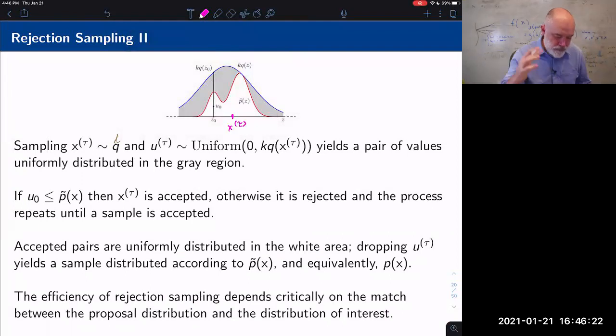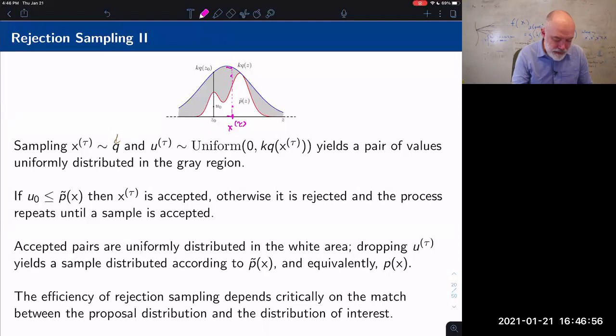Then we're going to draw a sample from a weird distribution: the uniform distribution between 0 and the density of Q evaluated at the sample you just took, times the positive constant k, which graphically is this interval right there. We're going to draw a value from in there. It could be up here or it could be down here.